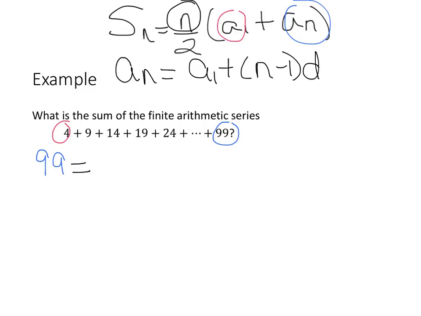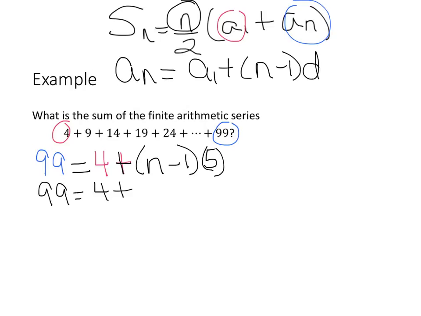So 99 equals my first number, A_1, which is 4, plus N minus 1, because I don't know what number I'm looking for. That's my N, what position that 99 is in. And I'm going to multiply it by my common difference, which is 5. I'm constantly adding 5. So all I have to do is distribute my 5: take my 5, multiply it by N, which is 5N, take my 5, multiply it by negative 1.